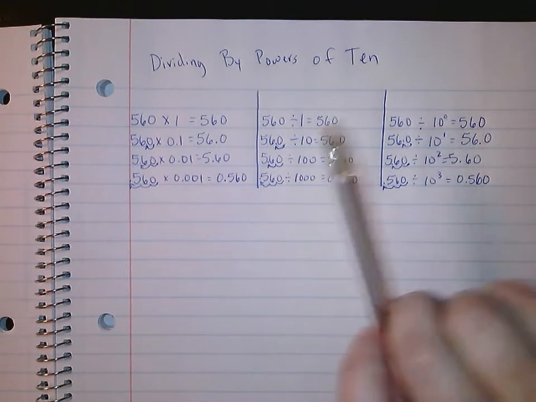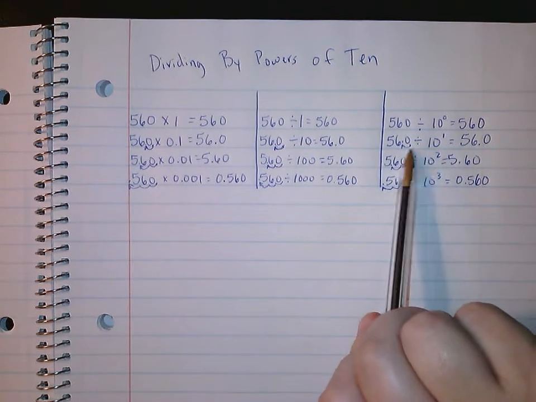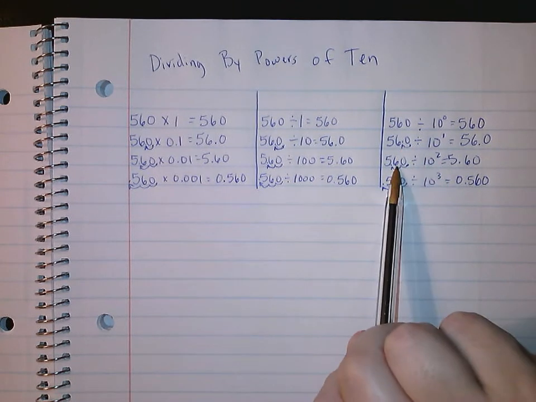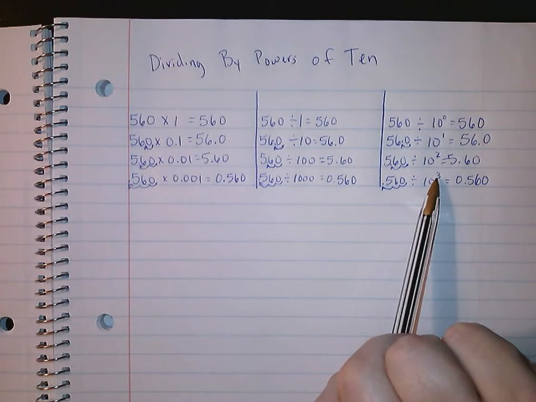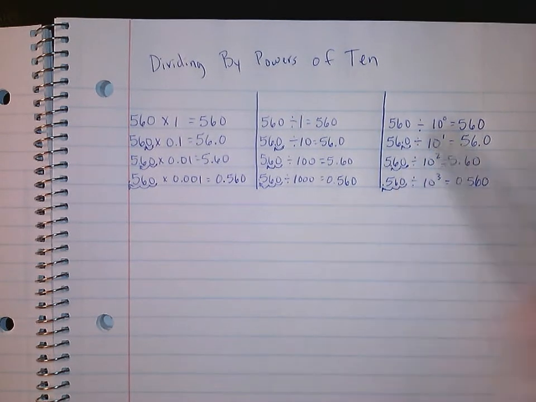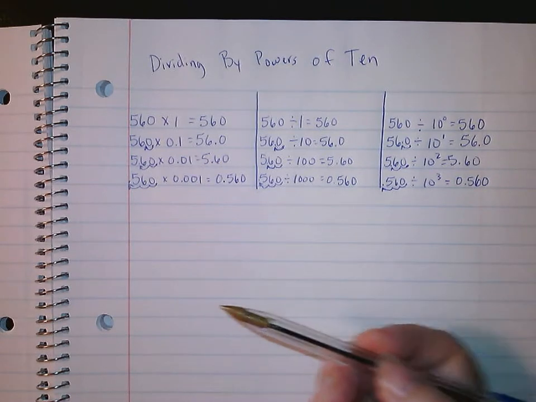So every time I divide by a power of 10, I move my decimal 1 place. So here was 2 powers of 10, I move my decimal 1, 2 places. 3 powers of 10, 1, 2, 3 places. Dividing by a power of 10, I move my decimal to the left.